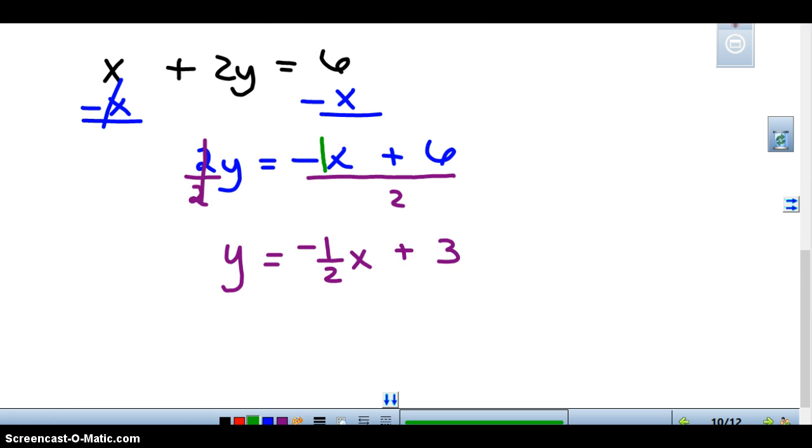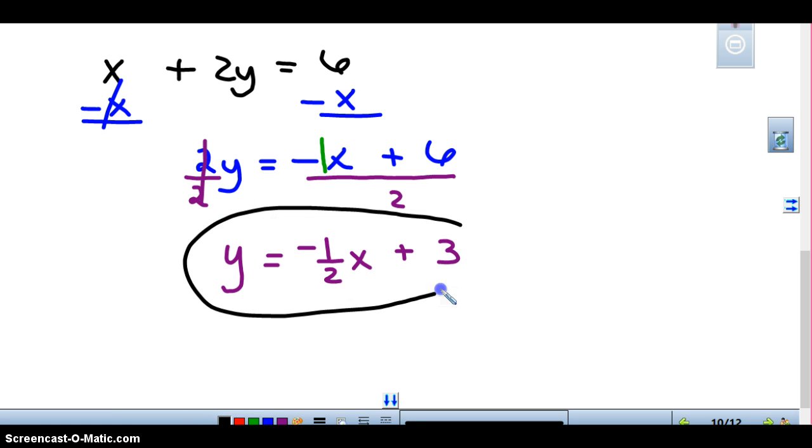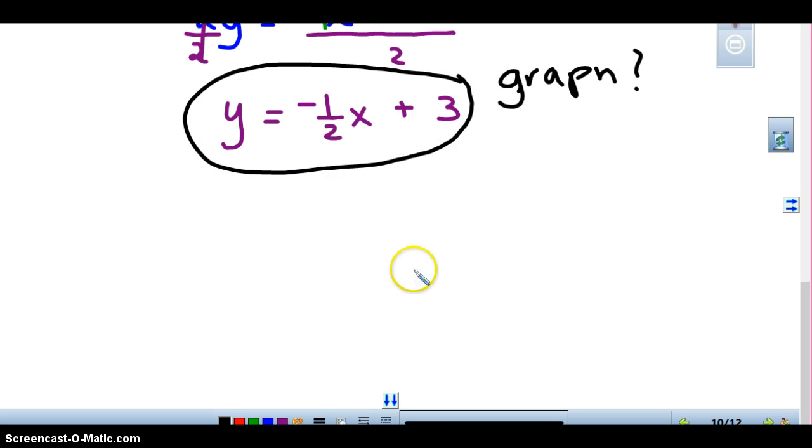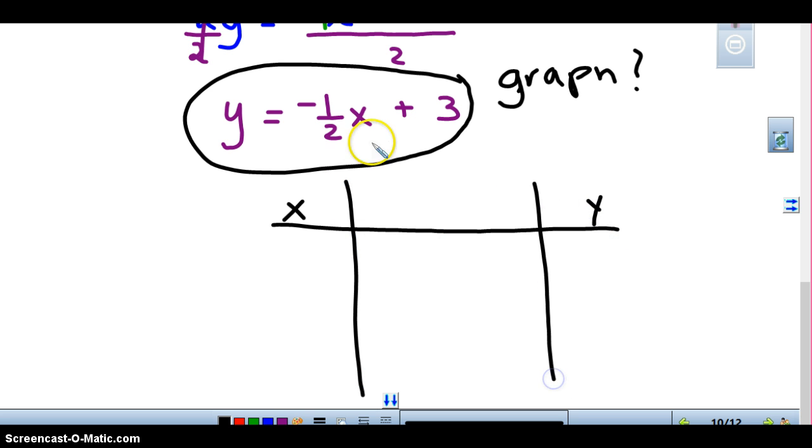Now that we have the equation in function form, can we graph it? How would I graph it? To graph this equation, don't I have to create my table? Yes or no? Okay. Now, because I have a fraction in front of x, the easiest thing to do is to use multiples of 2.